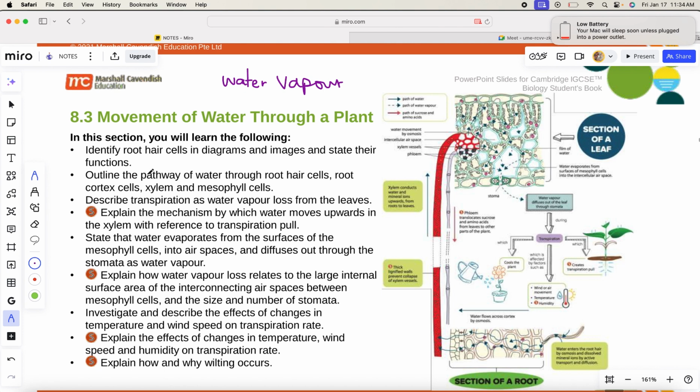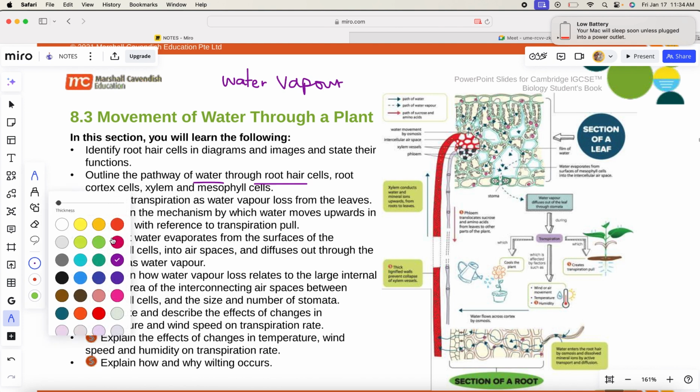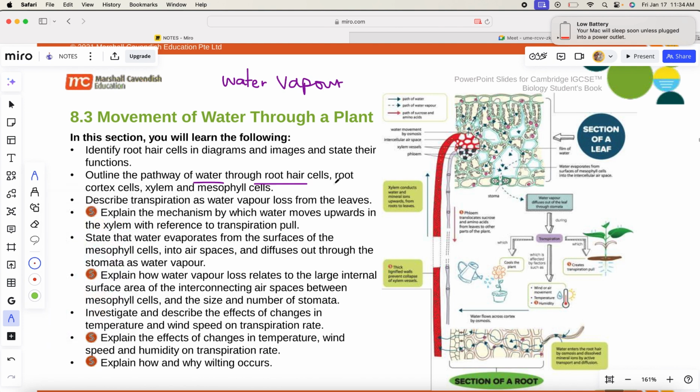In this section, we need to outline the pathway of the water from the root hair cells: how the root hair absorbs the water and puts it in the xylem, through the cortex of the root, then to the xylem, and then to the mesophyll layer of the leaf.